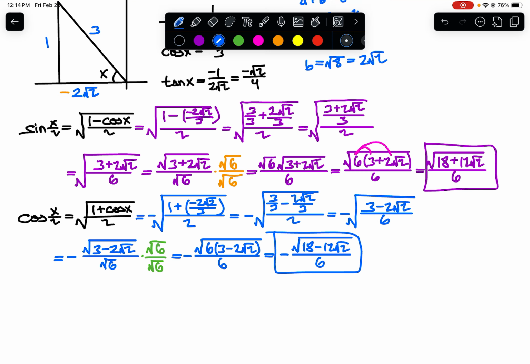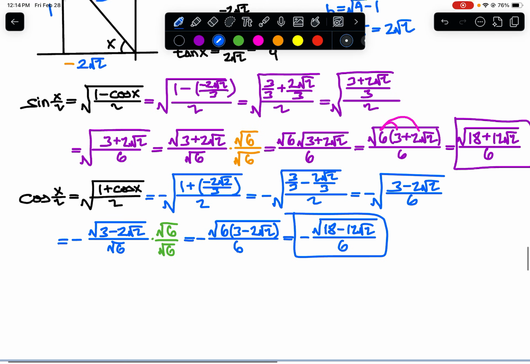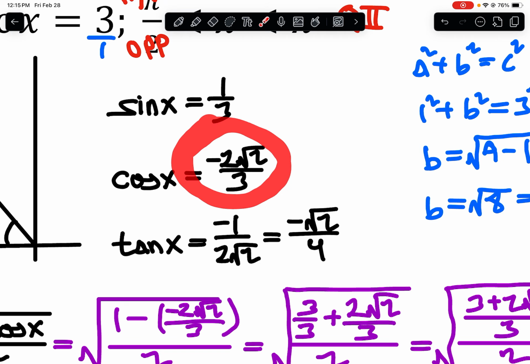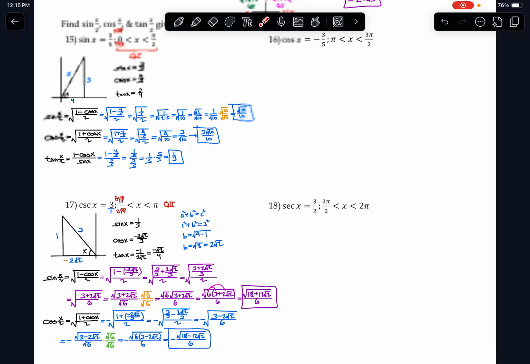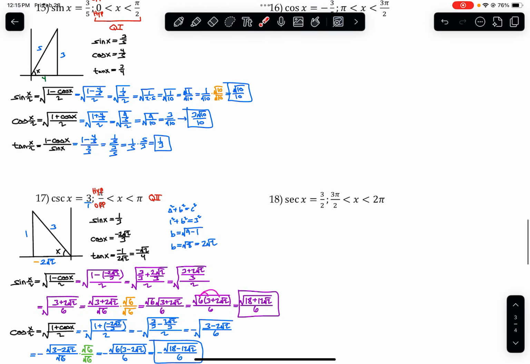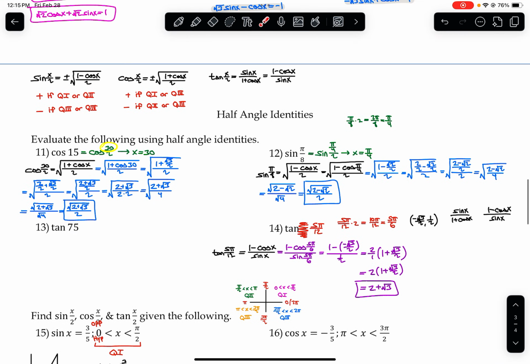Now I need to do tangent, but tangent won't be as bad. So with tangent, you want to look at your values, see which ones have the radicals between sine and cosine. So cosine has the radical here, which means I want to do the variation that has cosine in the bottom. Wait, no I don't. I want sine to be in the bottom. Sine doesn't have a radical. I don't want to rationalize.